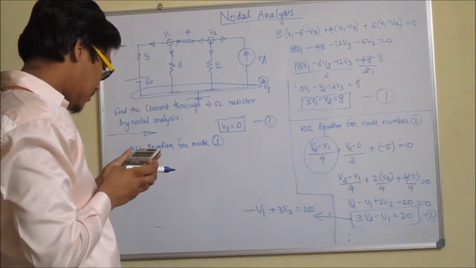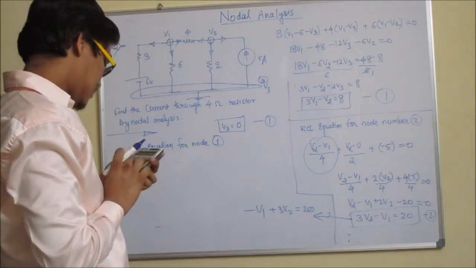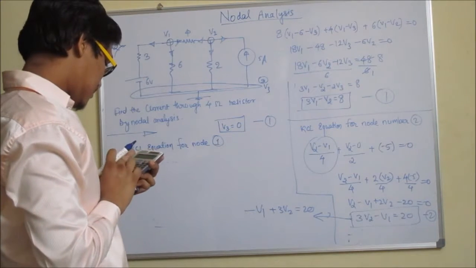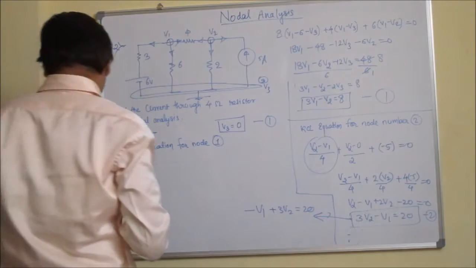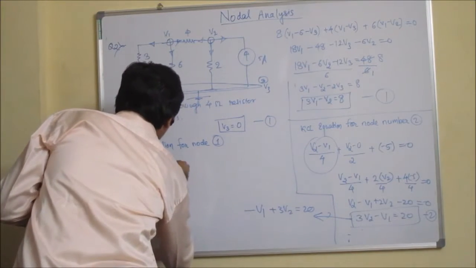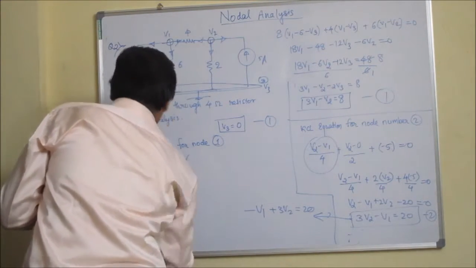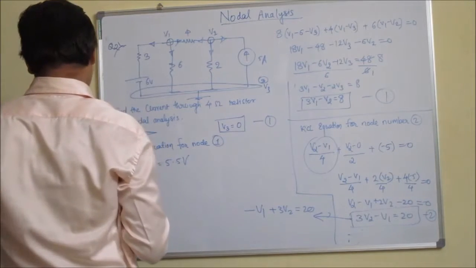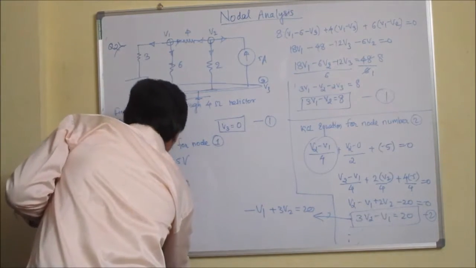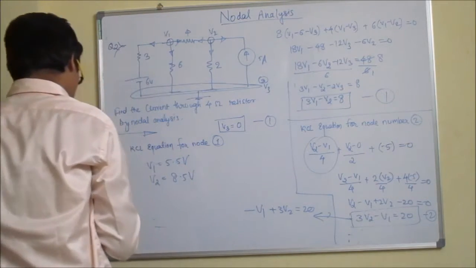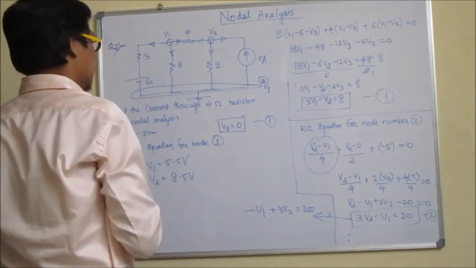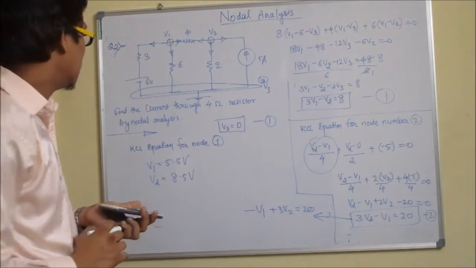Minus 1. V1 is equal to 5.5 volts. V2 is equal to 8.5 volts. These are the two values of V1 and V2.